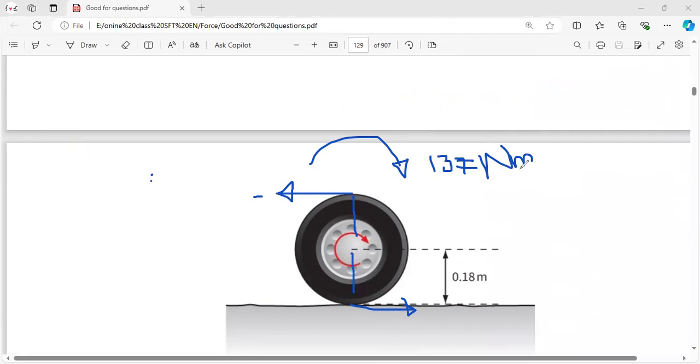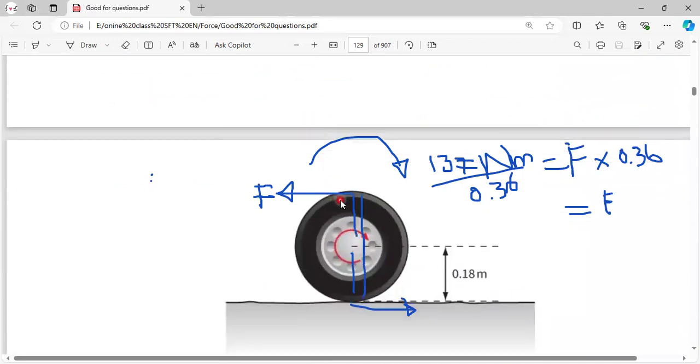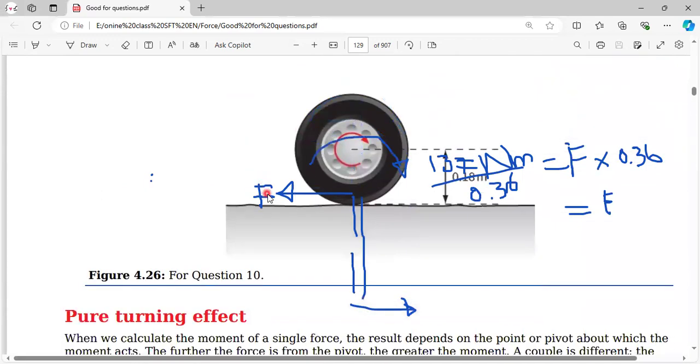Then 137 Newton meters should be equal to one force, which we'll consider as F, multiplied by the distance between the forces, which is actually not the radius, it is the diameter, so it should be 0.36. Now if you take F outside, F equals 137 divided by 0.36, and this is the answer, right?